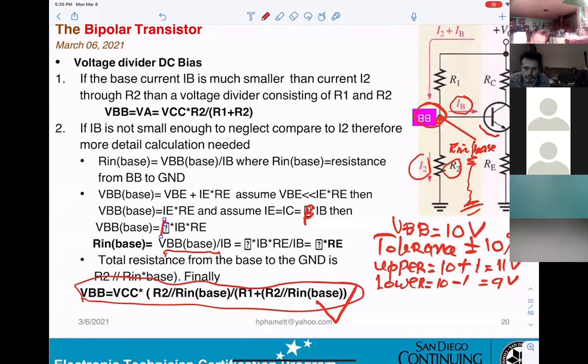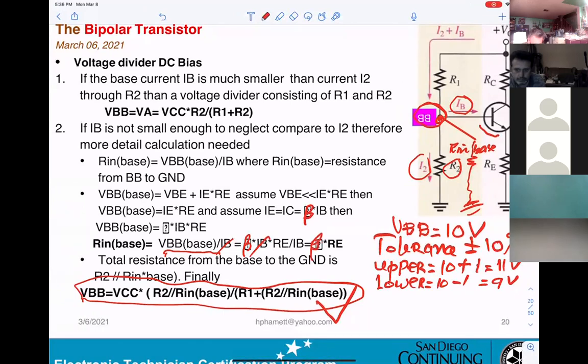All right, thank you. So beta IB times IE. So beta VB, the voltage at the base, that will be a beta here. Beta IB times IE. And that will be IB cancel out, so you get only beta RE.